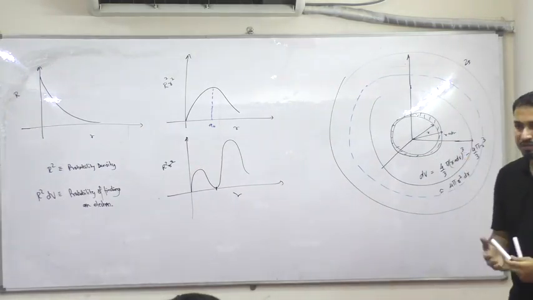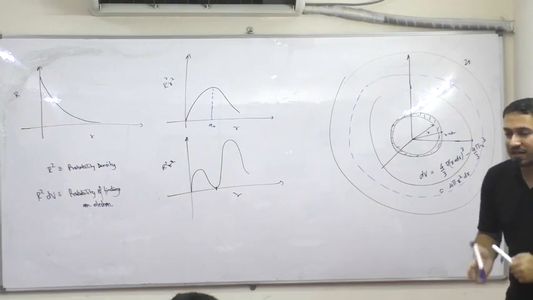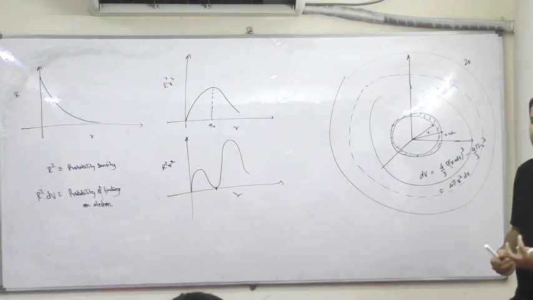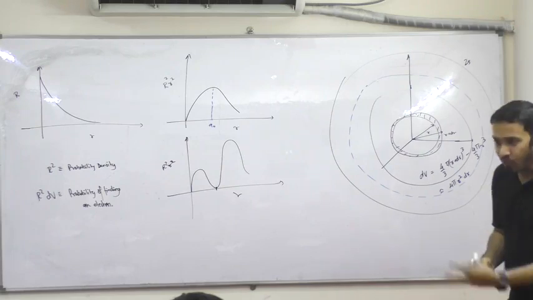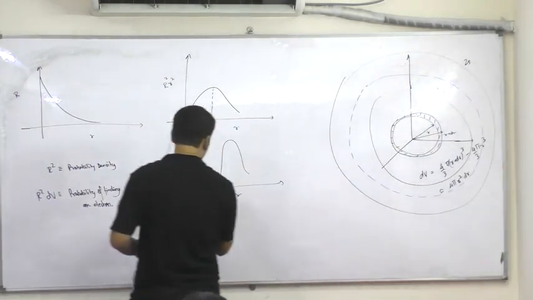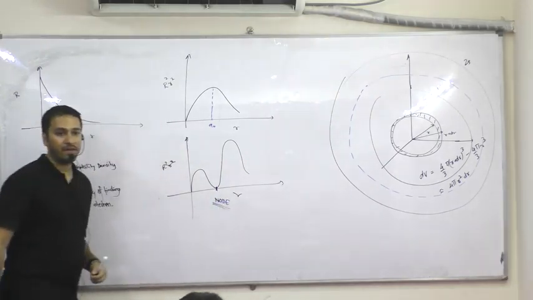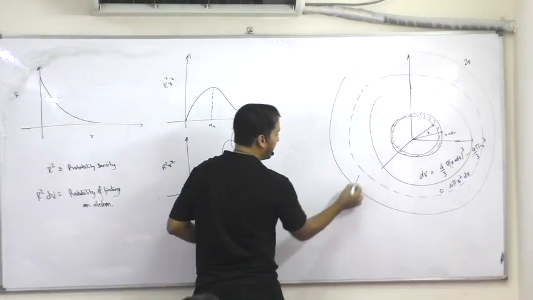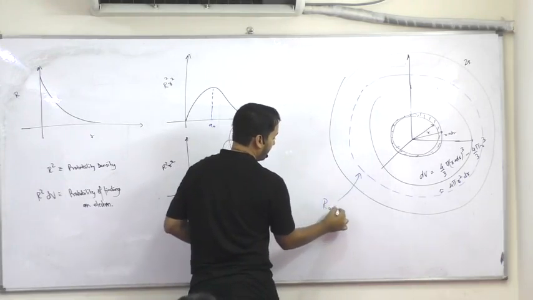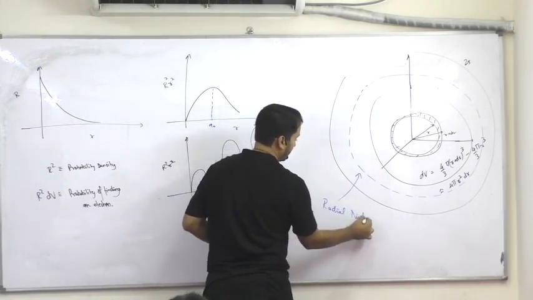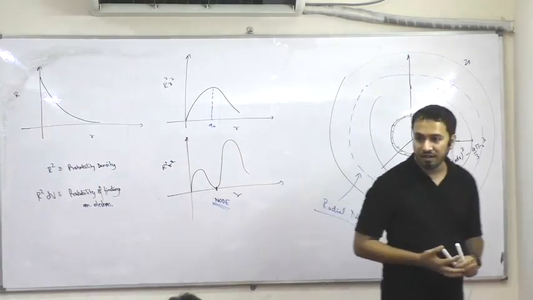This has already been taught in school. What are these points called where the chances of finding the electron is zero? It's a node. This is a node. And this is what we call a radial node. A radial node is a sphere. Okay? This is a radial node.